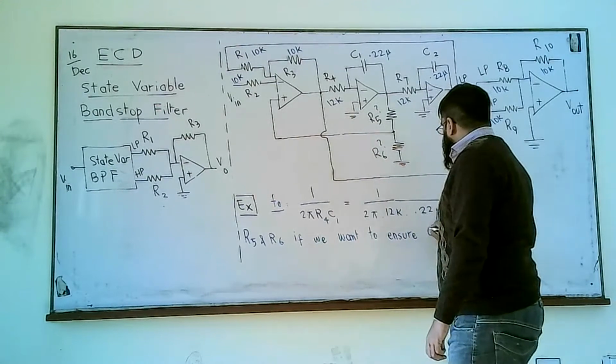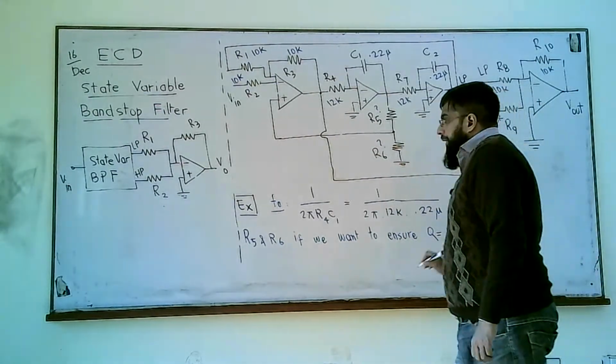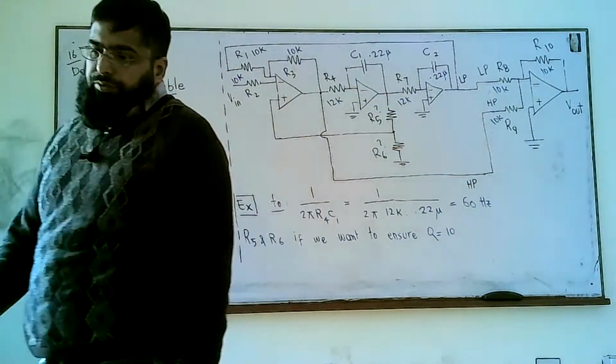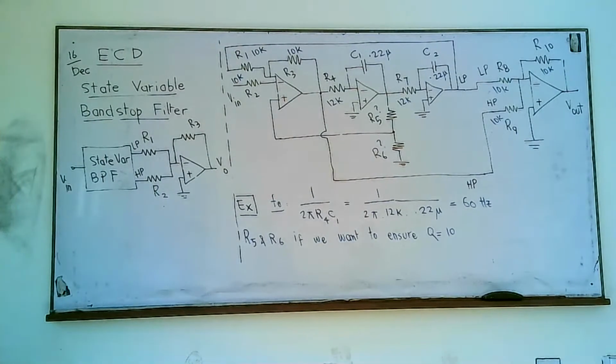Q is equal to 10. So Q is F naught over the bandwidth. If you want to ensure Q is equal to 10, what should be the values of R5 and R6?